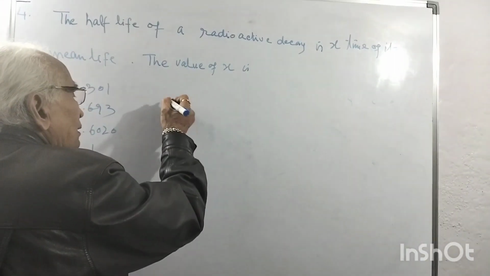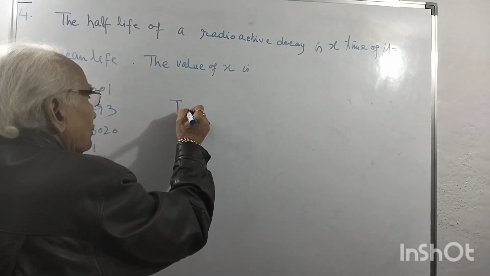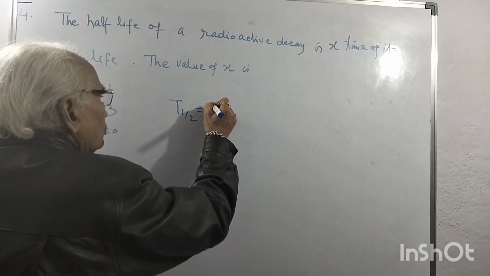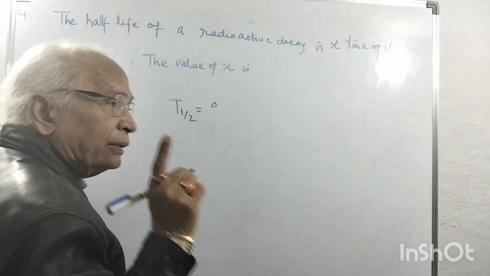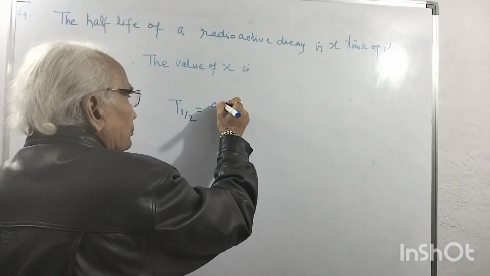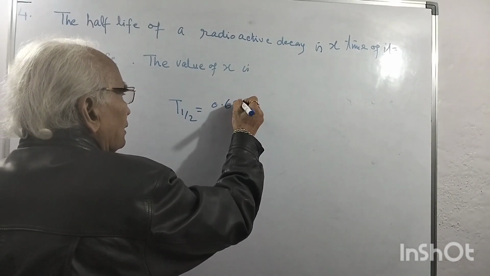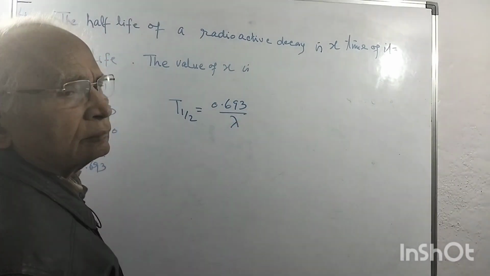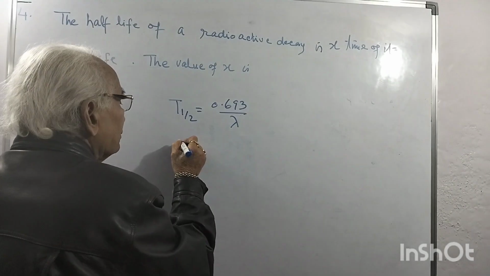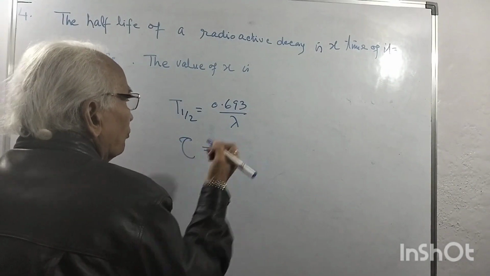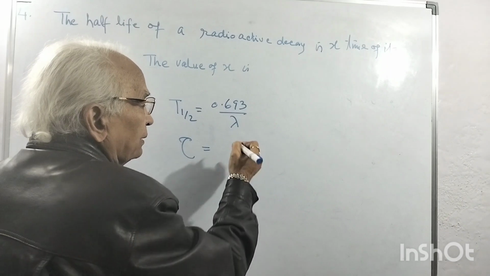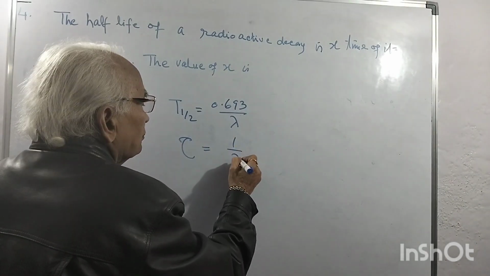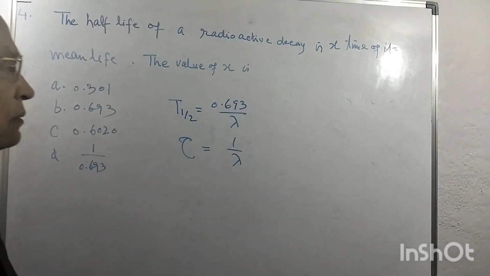By definition, half-life T half is equal to natural log of 2, that is 0.693, divided by lambda. And mean life tau is defined as 1 by lambda, the inverse of the decay constant.